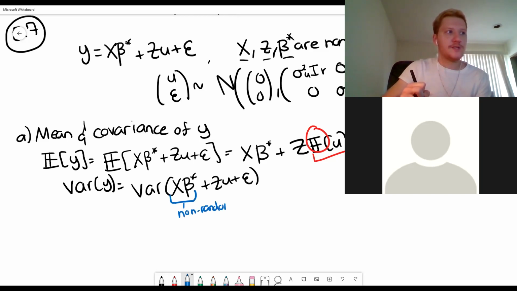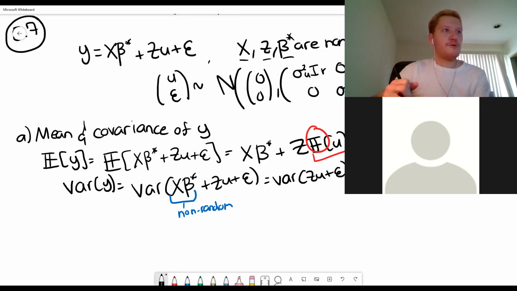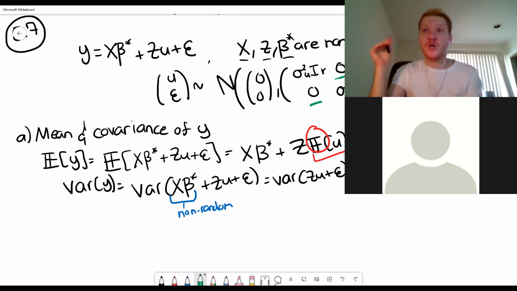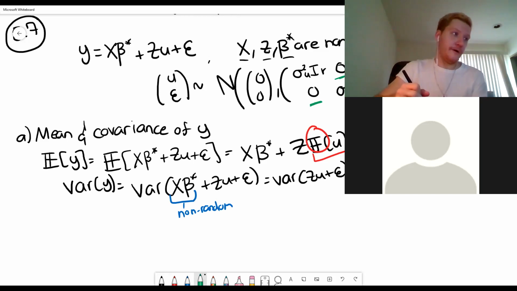We don't need to include it in the variance because shifting by a constant doesn't affect variance. So this is equal to the variance of zu plus epsilon. Remember, u and epsilon have a joint normal distribution, they're uncorrelated and their covariance is 0. When that happens, we know they are independent. That is a theorem. So this is equal to the variance of zu plus the variance of epsilon. I'll let you finish that one, remembering that z is non-random.